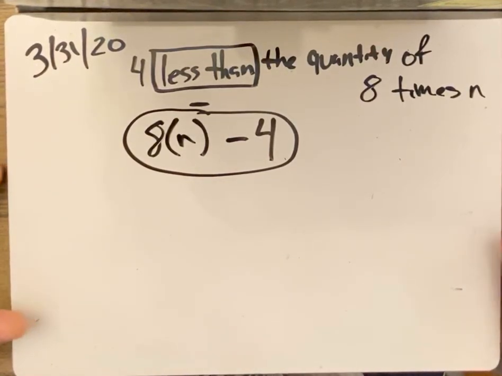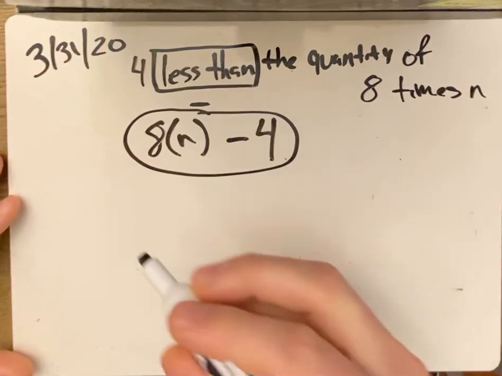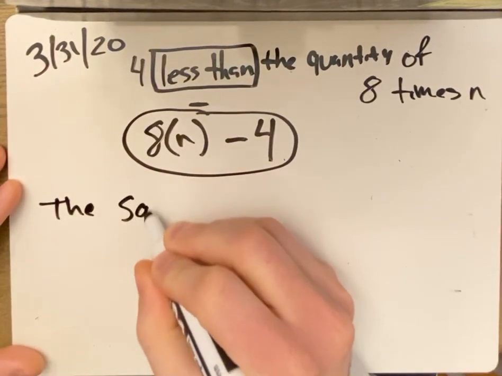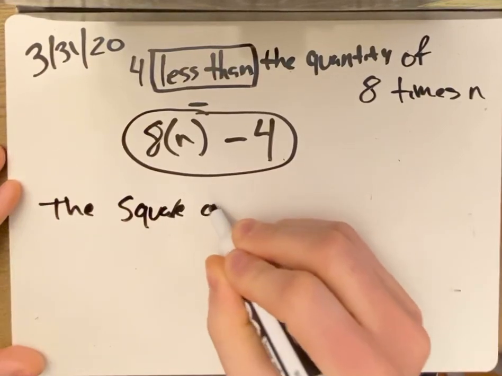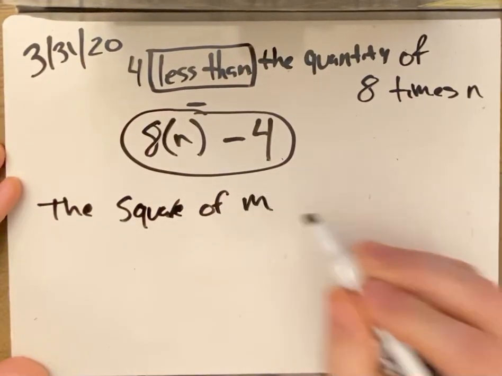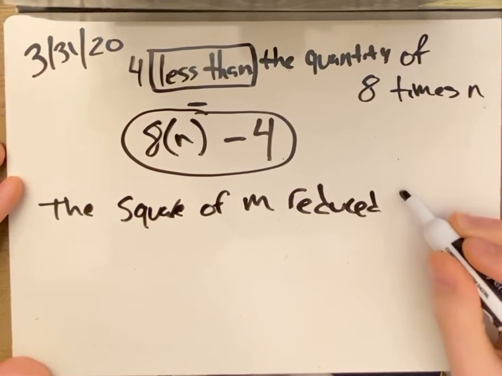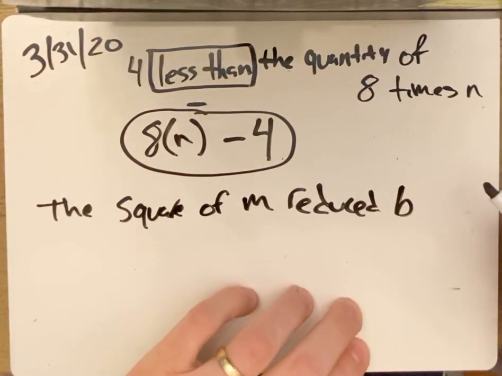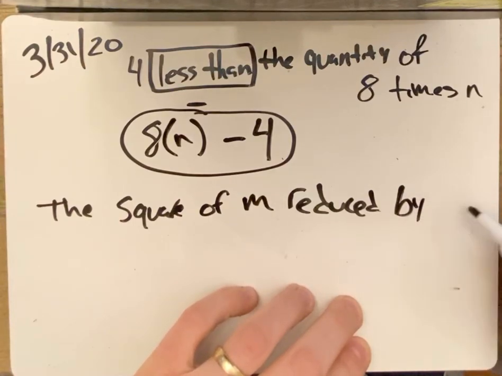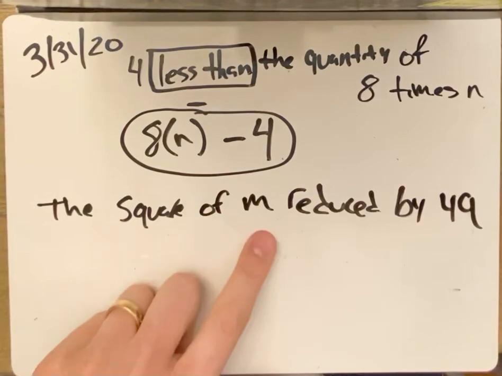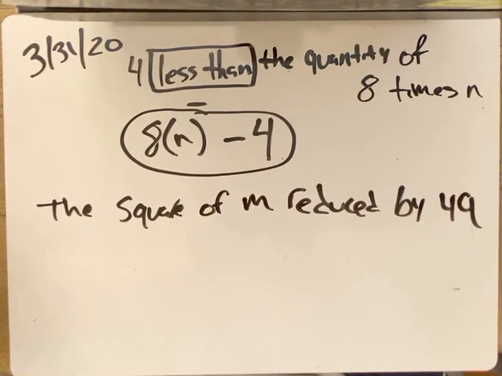The square of m reduced by 49. So, m, we know it's a variable.